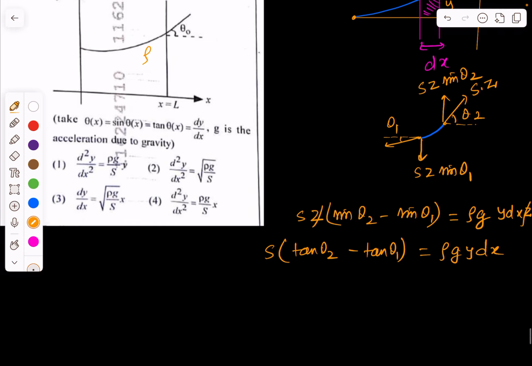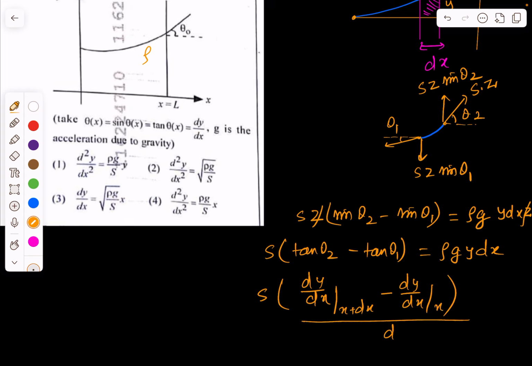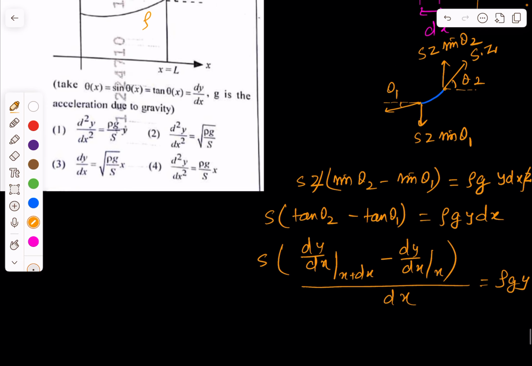Now tan theta 2 is the slope of the curve, so dy by dx at x plus dx, and similarly tan theta 1 is the slope dy by dx at the value x. We divide this by dx and we get equal to rho g y.